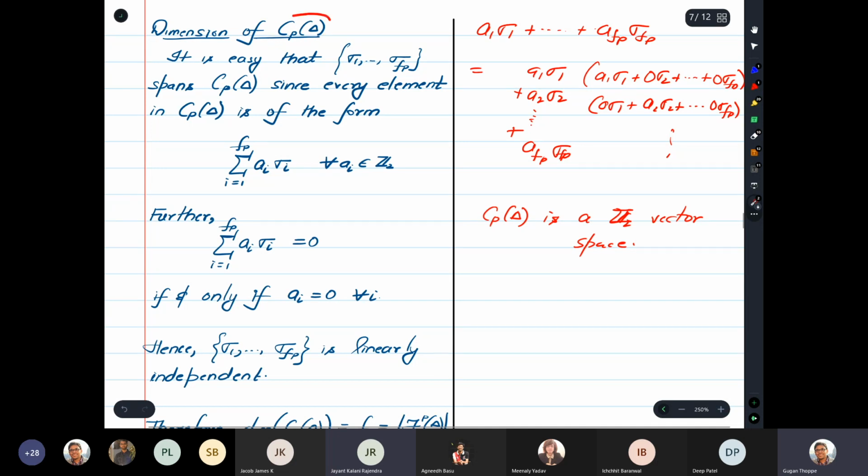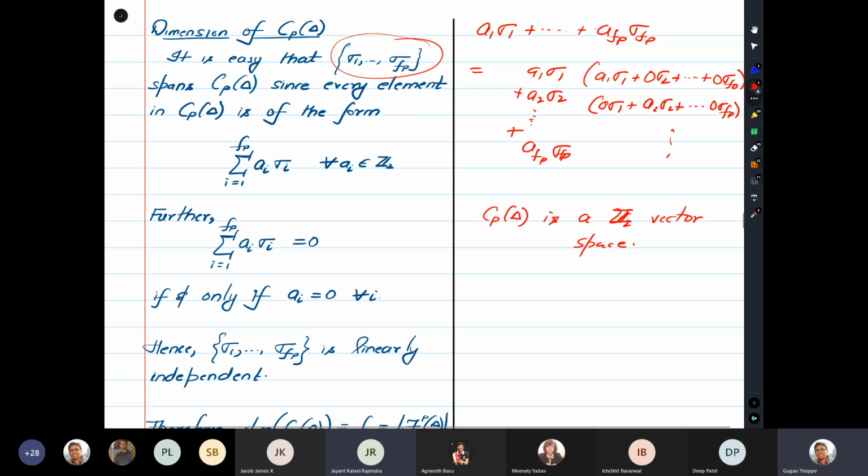In order to answer this question, we will try and find a basis for CP delta. What we claim is that a basis for this CP delta is this collection of P chains. You have to be careful in understanding what I have written here.